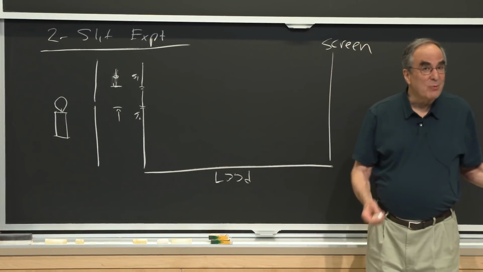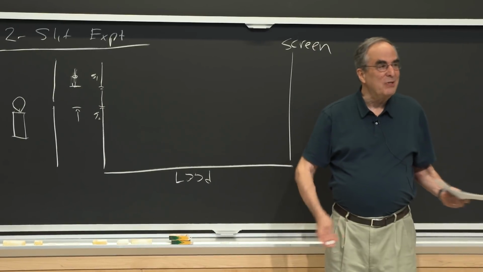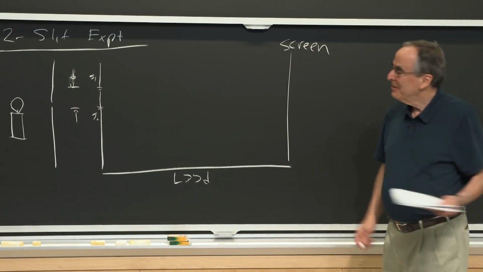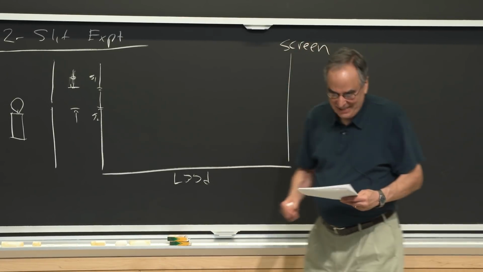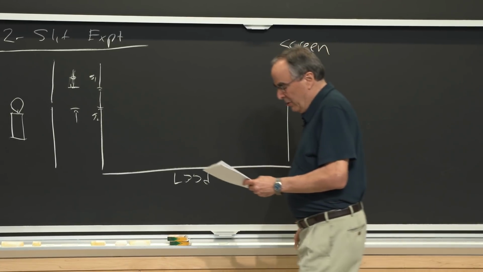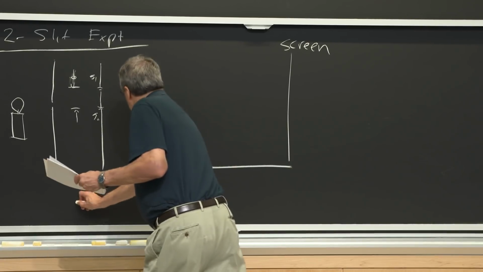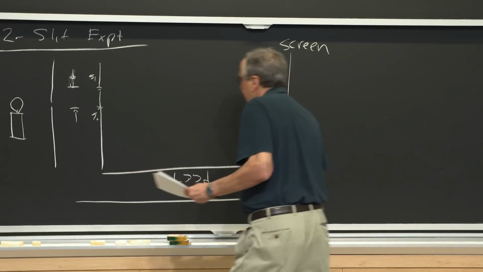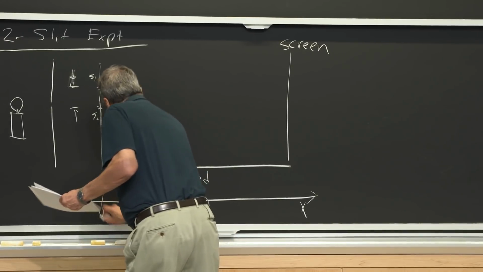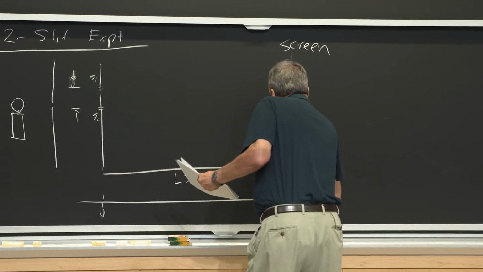This means, of course, we're going to be using small angle approximation and simple solutions because everything is much larger than something else, and that's very convenient. Okay, now I want to just put on axes. So this is the x-axis, and this is 0, and this is L.